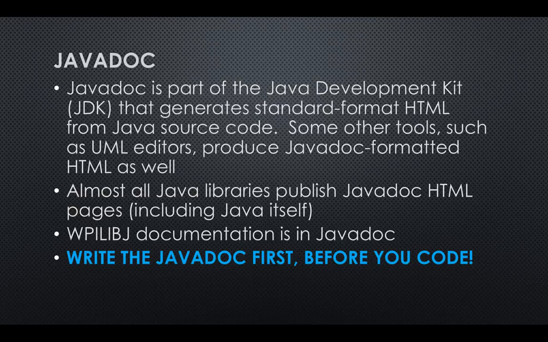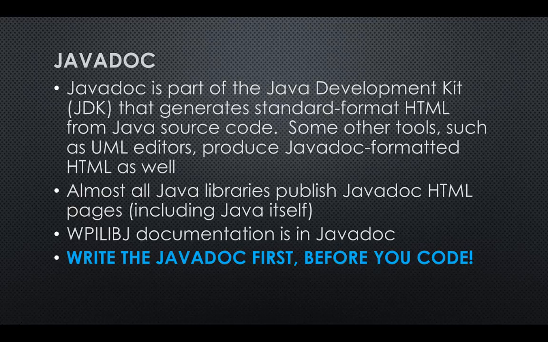When you go to the WPILibJ documentation site, what you're looking at is the HTML generated by the Javadoc processor itself. No humans have had to go in and hand edit this HTML. The humans work in the Java development environment writing the code, and the Javadoc is produced automatically.